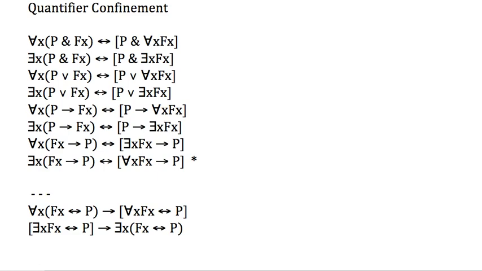But interestingly enough, when we put the part with the variable in front of the arrow, as we do here, we have for all x bracket fx arrow p, then we can confine the quantifier, but only if we change it. We can take for all x bracket fx arrow p, and that's completely equivalent to for some x fx arrow p.